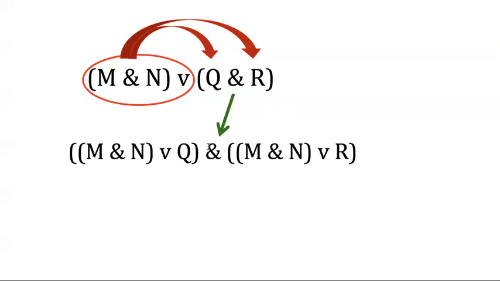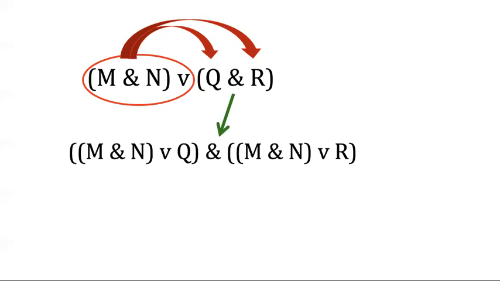Let me say this conjunction is now wider scope than the disjunction. This one is still narrower scope though. So we need to push this disjunction. We pushed it onto one of them. We need to keep pushing it onto this one. Now we're going to go from right to left, and we need to do it for both of these. So pause your videos here and see if you can figure out the rest of the problem. How do we keep using distribution to make all of the disjunctions narrow?